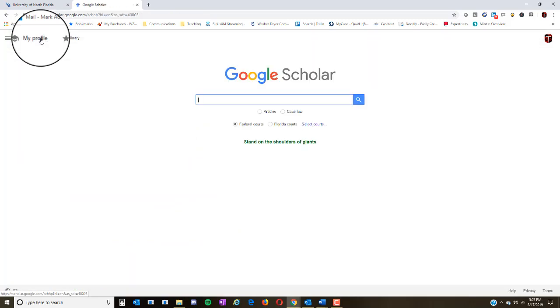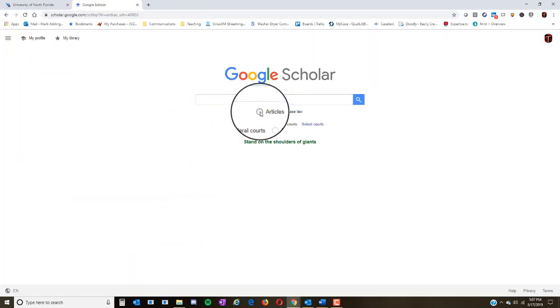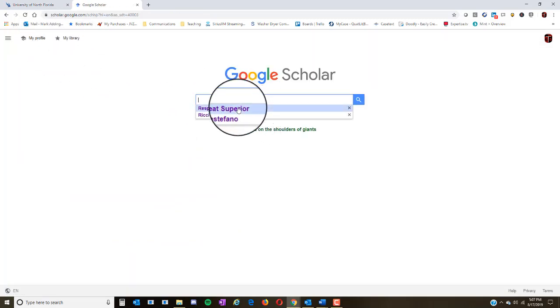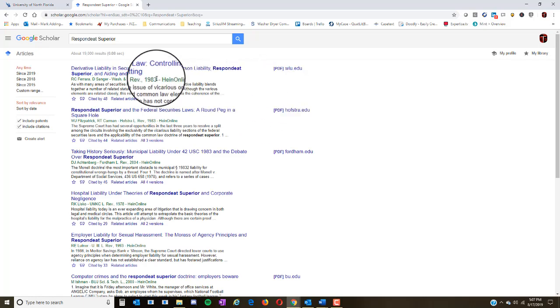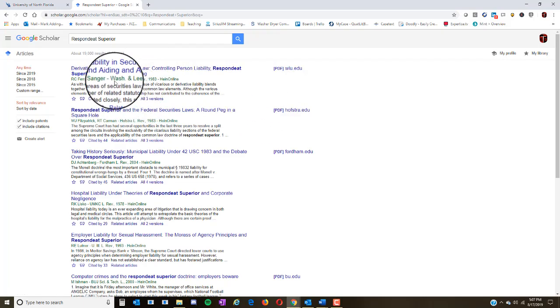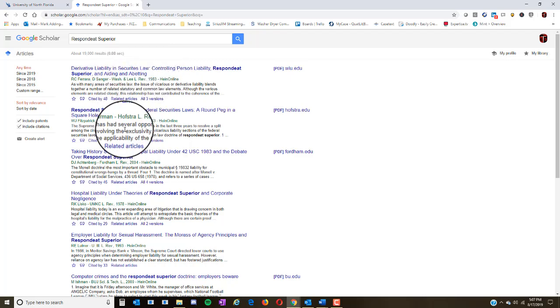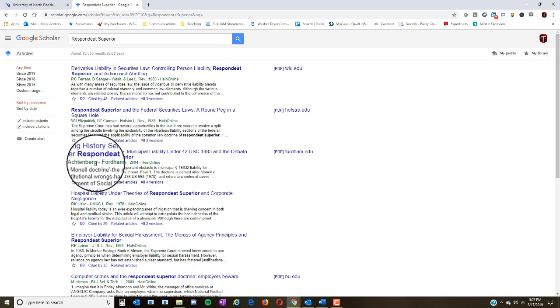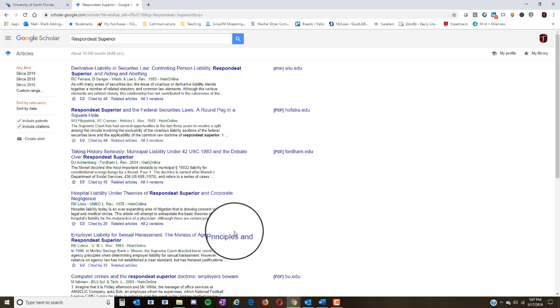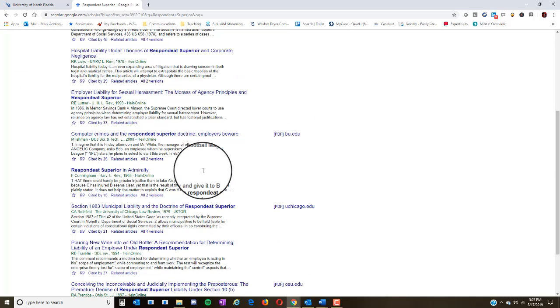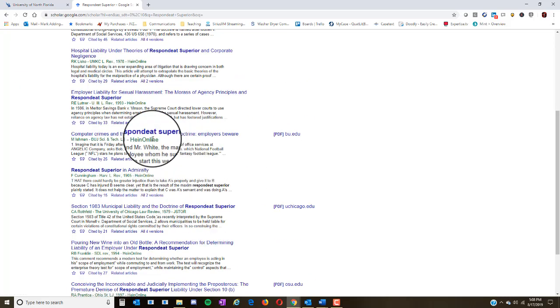Another thing you could do is go to articles here, and then in the articles put in respondeat superior and find actual articles that are usually going to be in law reviews, like the Washington and Lee Law Review. There are others here, Fordham Law Review. So you can go down here and take a look at these articles that are written to explain the doctrine of respondeat superior.